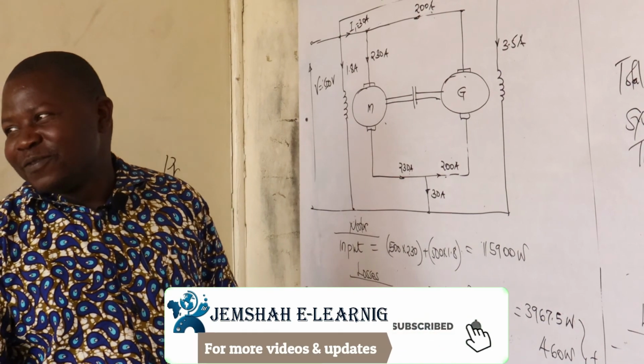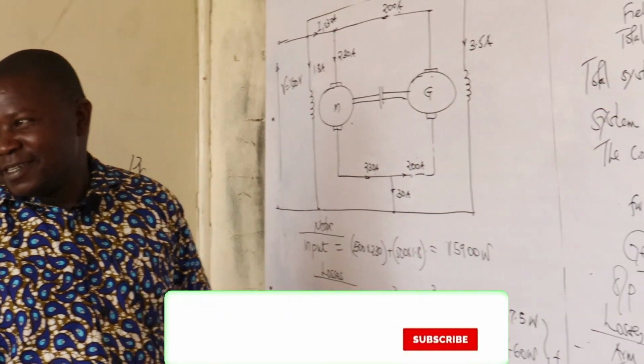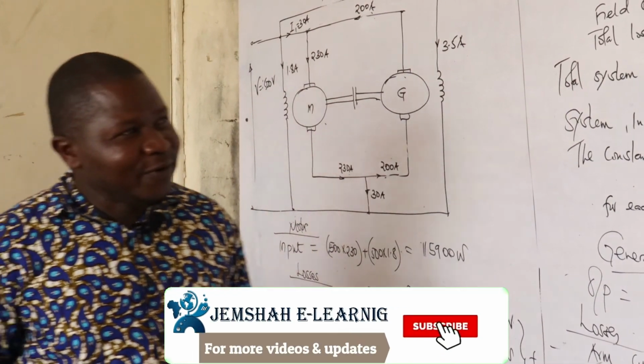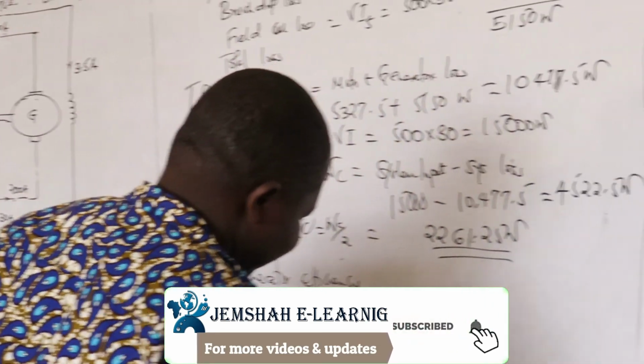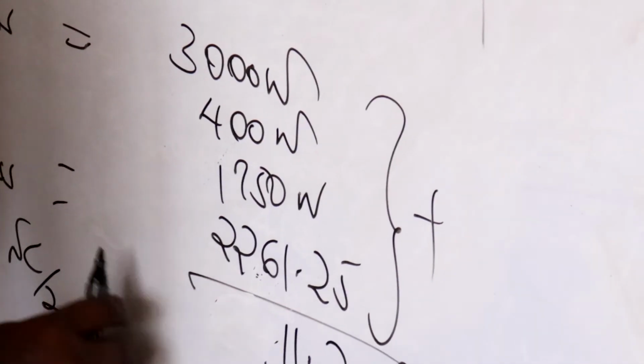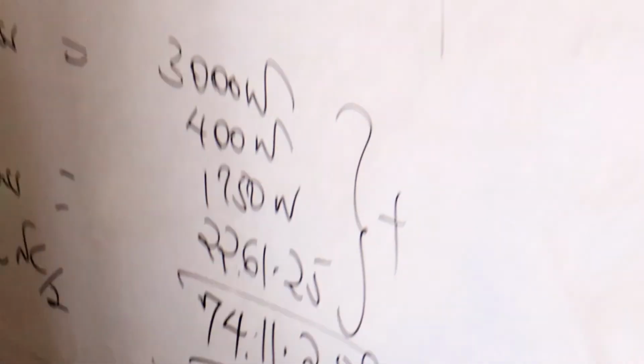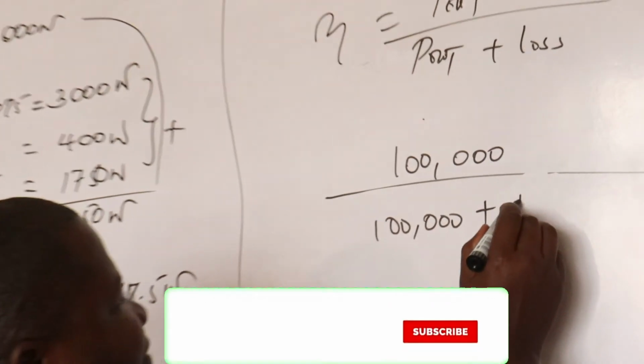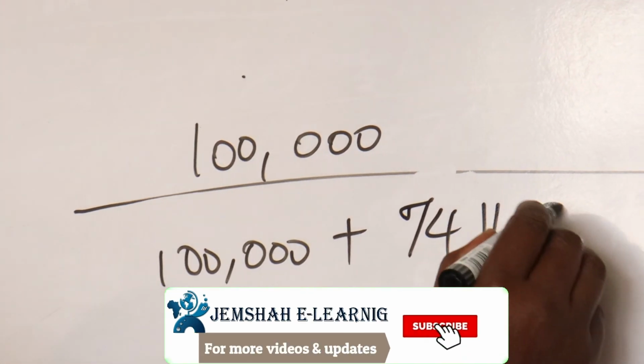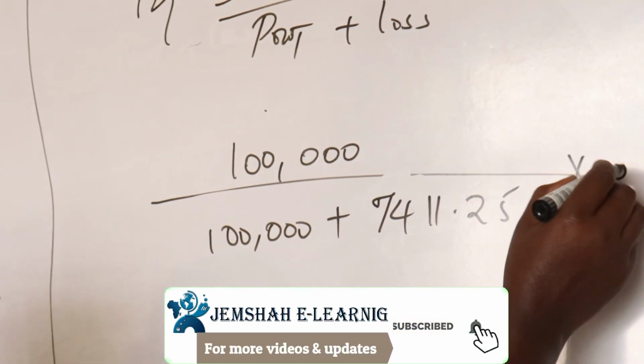Let another person confirm. So we vote: 74.11.25 times 100.